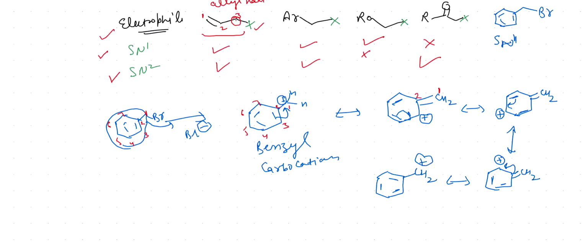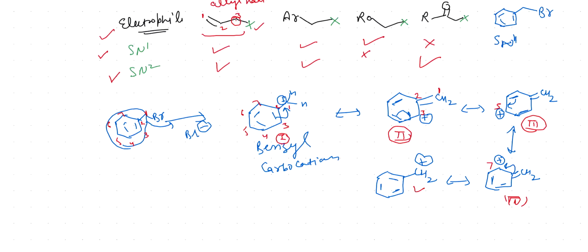In the first structure there is no double bond between carbon number 1 and 2. In the second structure the positive charge is at carbon number 3, in the third structure the positive charge is at carbon number 5, and in the fourth structure the positive charge is at carbon number 7. Then again the whole process is repeated. Again, we get the positive charge on the first carbon, that is the benzylic carbocation.